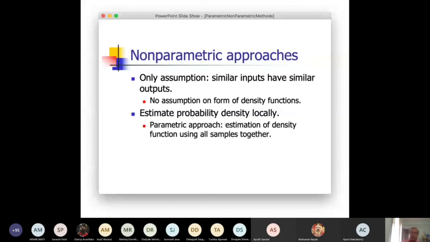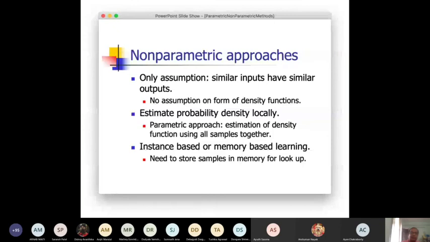This flavor of computation is instance-based or memory-based learning. Of course, you need to store samples in memory for lookup, and that is the training part.